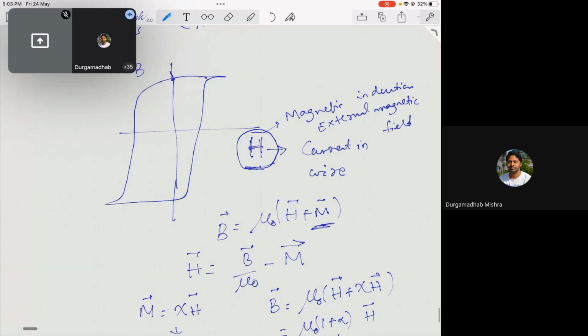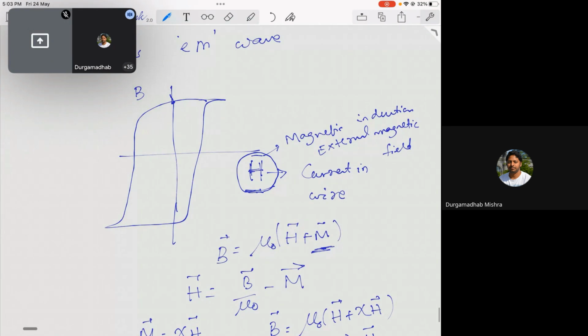Okay. So this M is the magnetization that is induced or that exists within the material. So this can exist spontaneously. You don't have to apply any external field to get a magnetization.